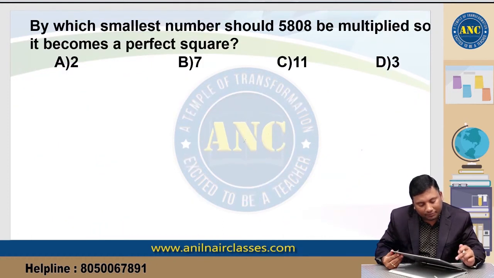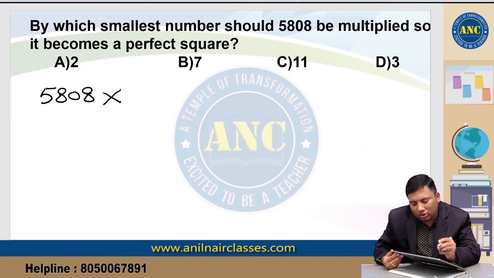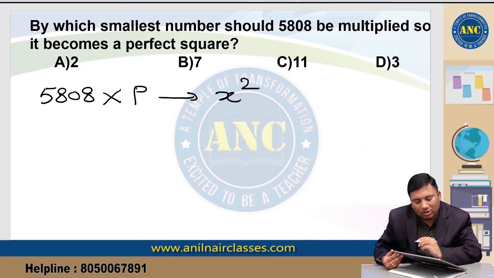Method 3. By which smallest number should 5808 be multiplied so that it becomes a perfect square? What are all the logics?